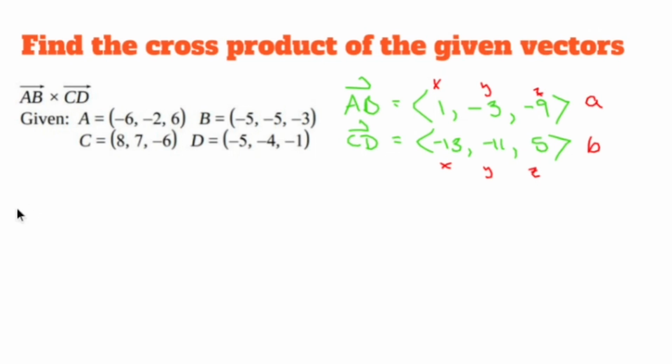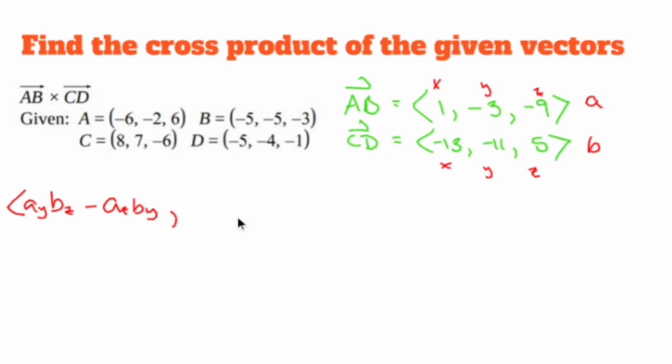You ready? The formula is A sub Y, so that would be U, times B sub Z, minus A sub Z, B sub Y. A sub Z would be negative 9, B sub Y would be negative 11.